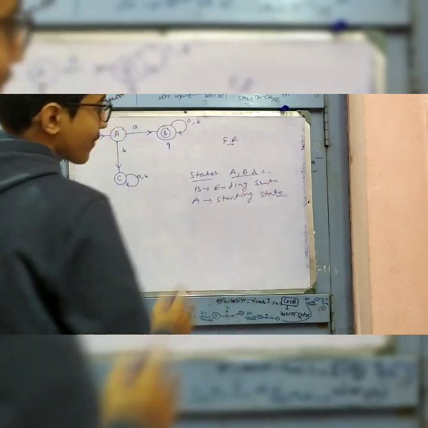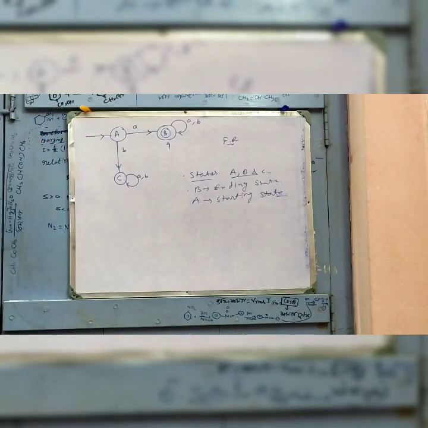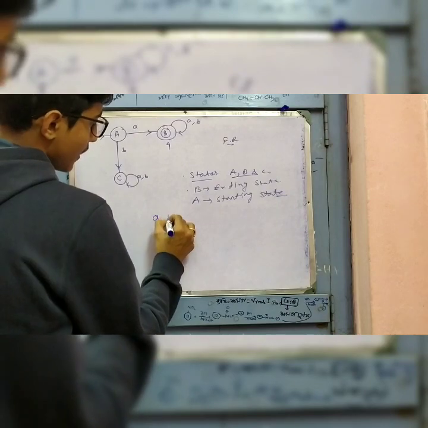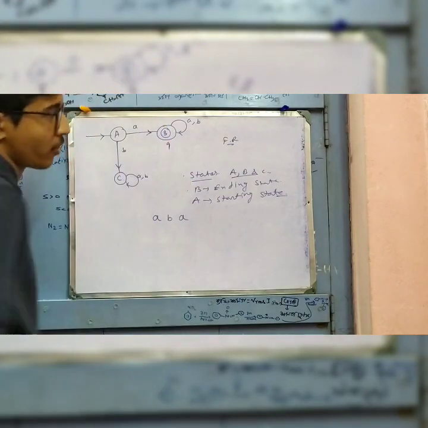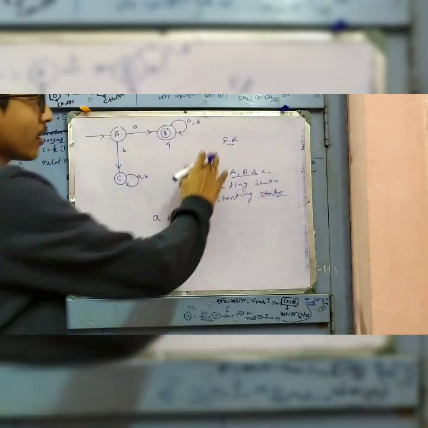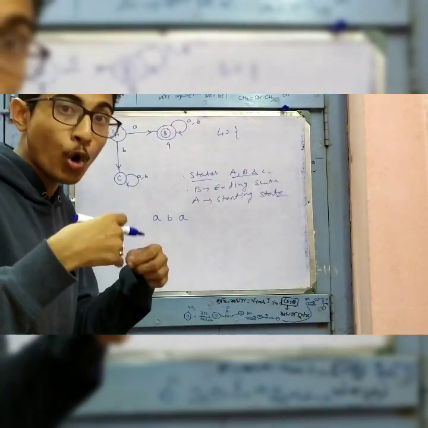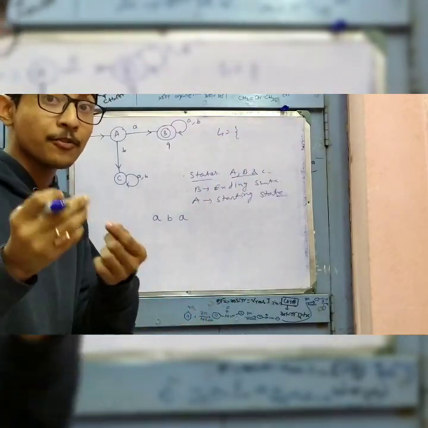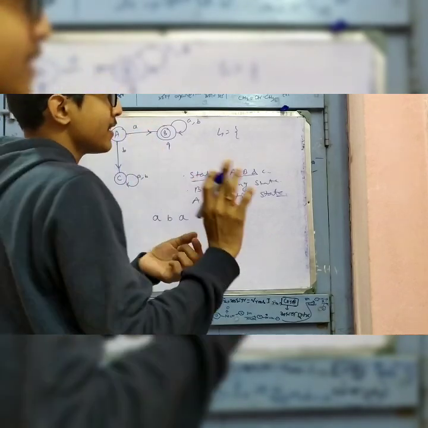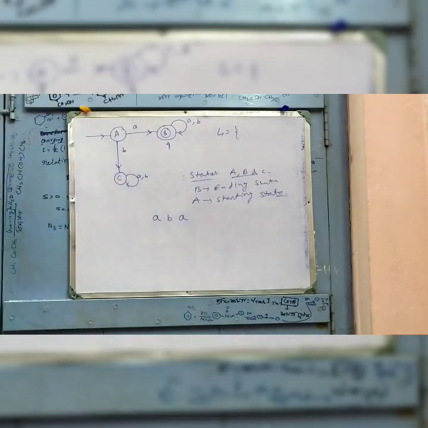Fine. Let's check whether this string belongs here or not. L1 is nothing but the set of all strings having the first symbol as A. Got my point?